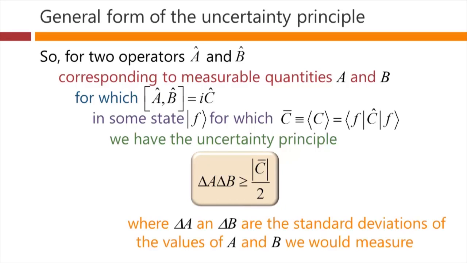This is our general statement of the uncertainty principle, and here delta A and delta B are the standard deviations of the values of A and B that we would measure.